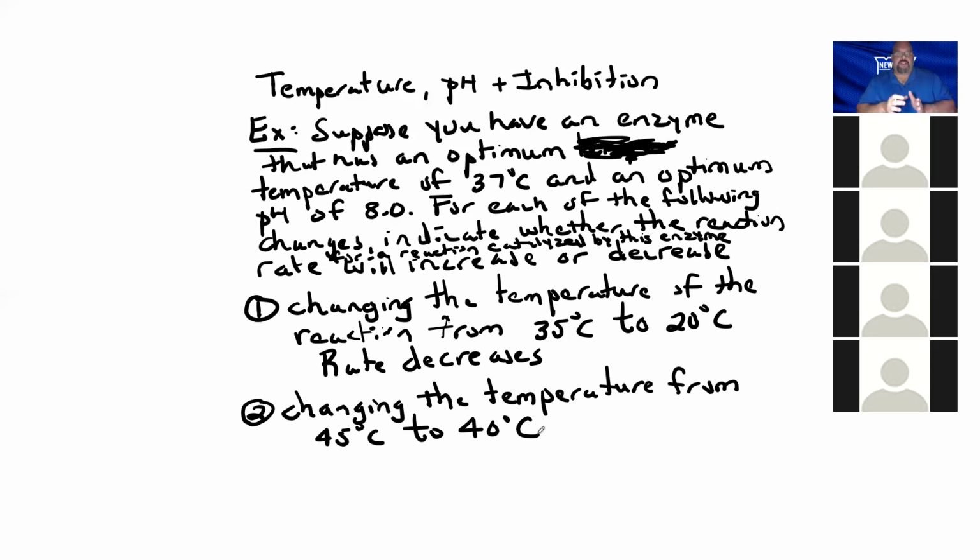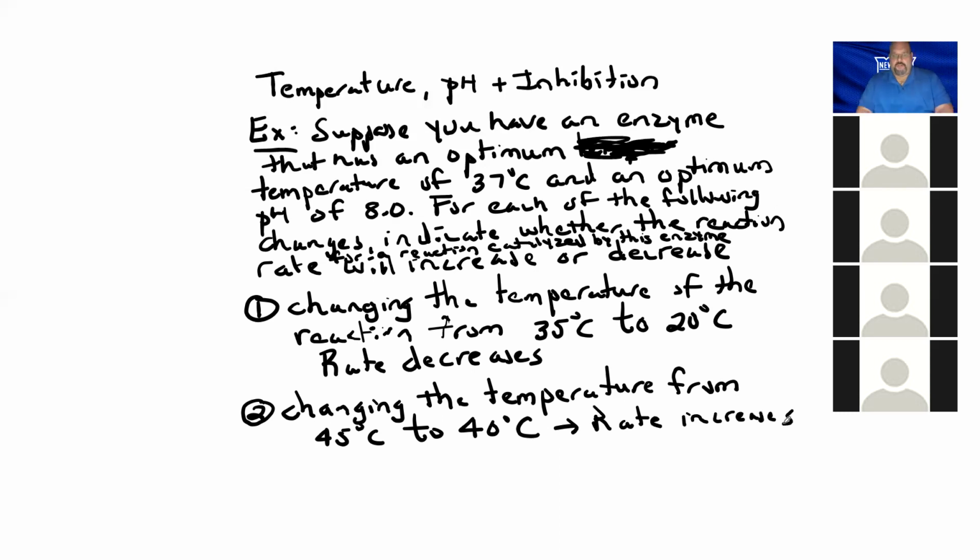At 45 degrees Celsius, we are further away from the optimum temperature as compared to 40 degrees Celsius. So by lowering the temperature 5 degrees, we're actually moving closer to the optimum temperature of the enzyme. And because we're moving closer to the optimum temperature, what should happen to the rate?